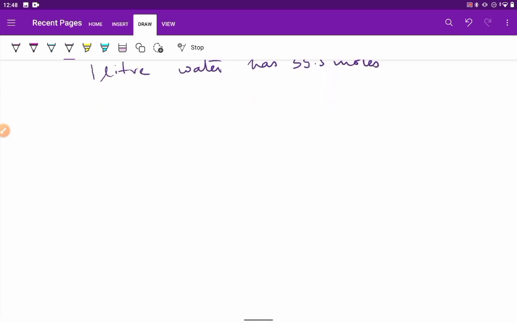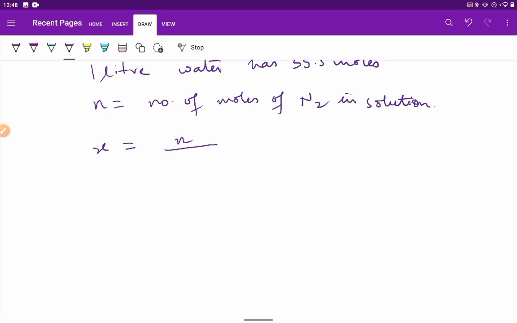So if N is the number of moles of nitrogen in solution, then the mole fraction for nitrogen will be X is equal to N by N plus 55.5, because we have to take the number of moles of water in which it is dissolved.